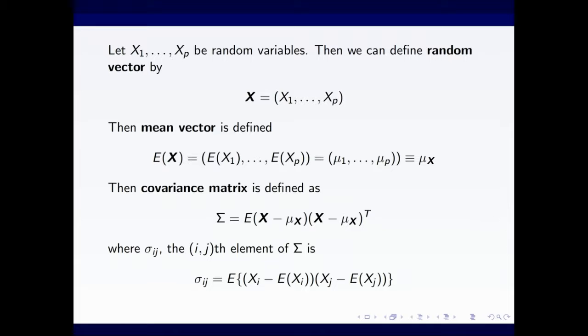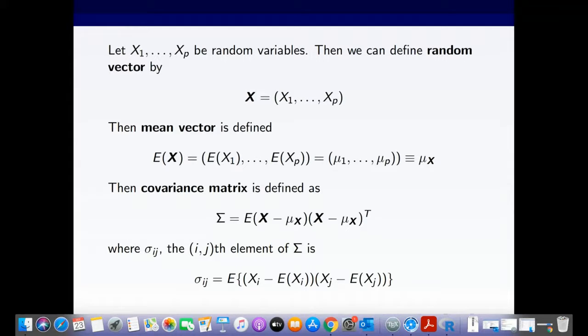What's the dimension of the covariance matrix sigma? Does everyone agree with this? The dimension of sigma is p by p.